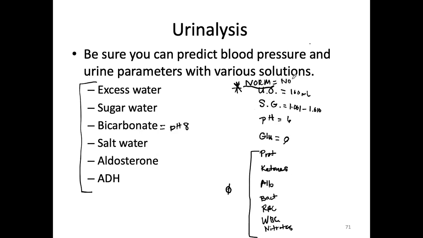Your no treatment person is going to give you your normal values. And then I had data from somebody who drank excess water, somebody who drank sugar water, someone who drank sodium bicarbonate, and salt water, so it's going to dehydrate you and shift the pH, the real kicker. And then what if I injected aldosterone into somebody, or what if I injected ADH into somebody? How would all these parameters change? All right, that's your goal.